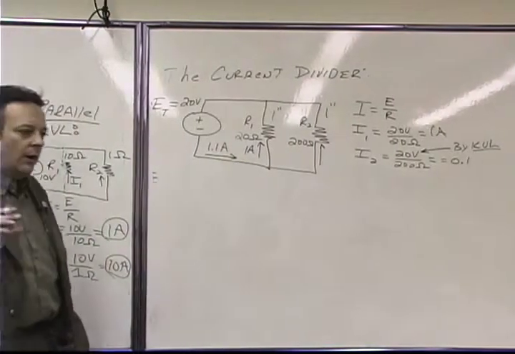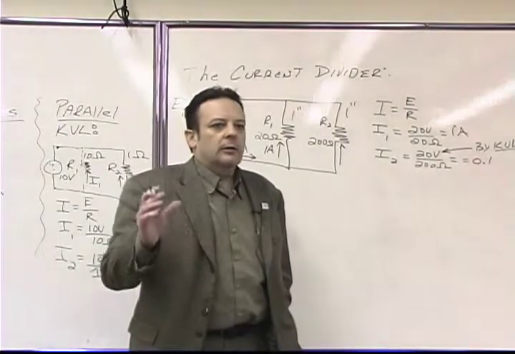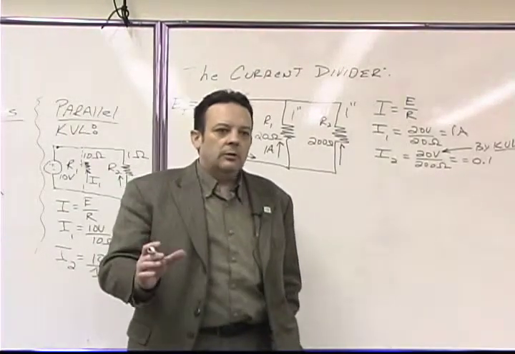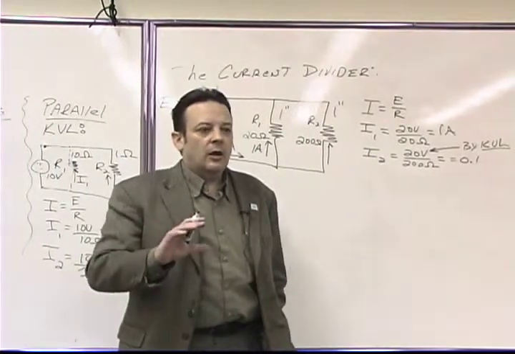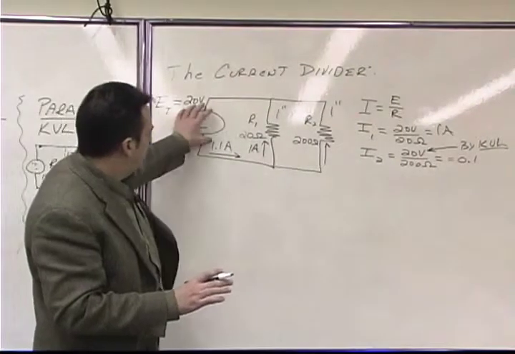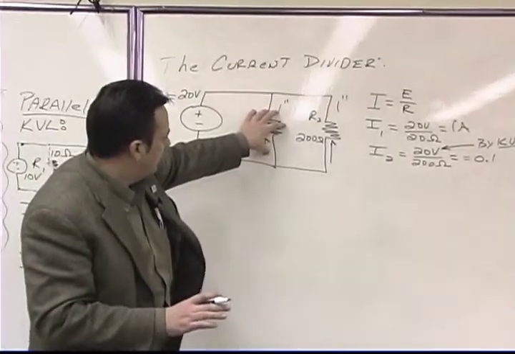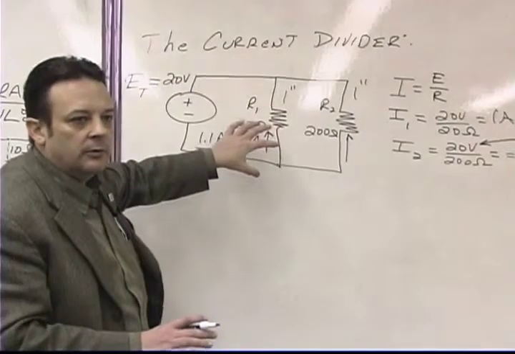Okay? One of them is to verify Kirchhoff's current law. Remember we had Kirchhoff's voltage law? Kirchhoff's voltage law in its simplest form says that the voltage here is the same as the voltage here around this loop, but it's only good around the loop.